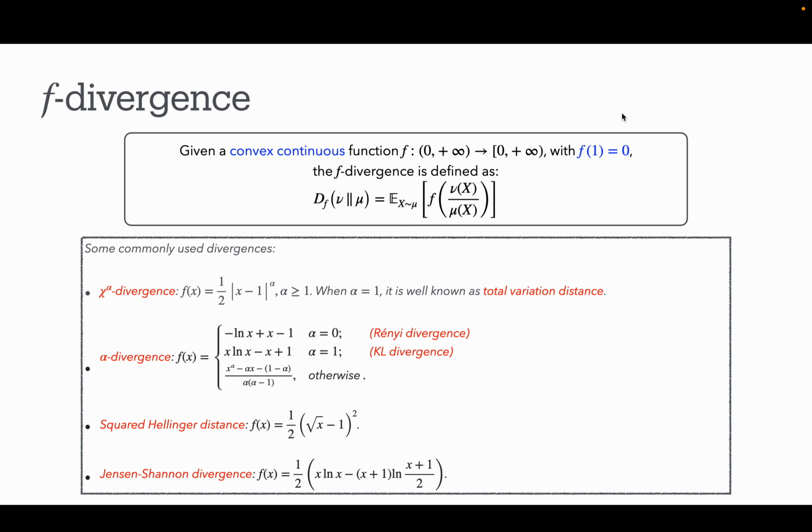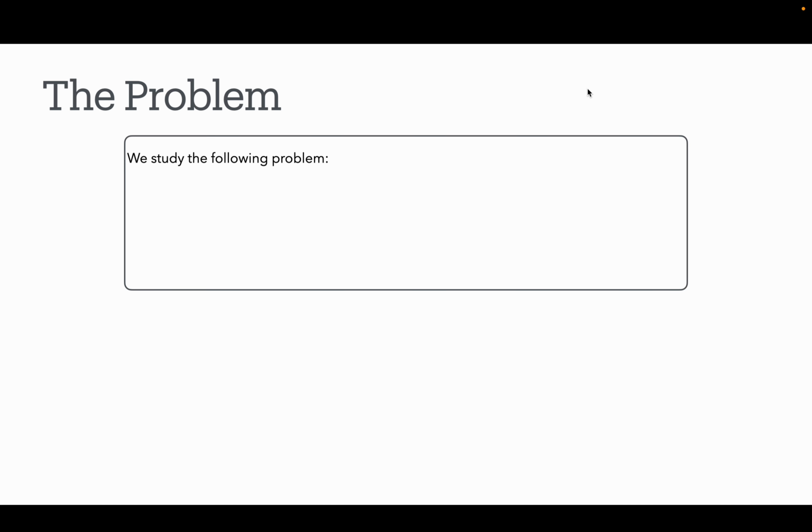Here are some commonly used divergences, for example the chi-alpha divergence, the alpha divergence, the squared Hellinger divergence, and the Jensen-Shannon divergence. We'll study the following problem. The input is two Ising models mu and nu, and a convex continuous function f, and an error parameter epsilon.